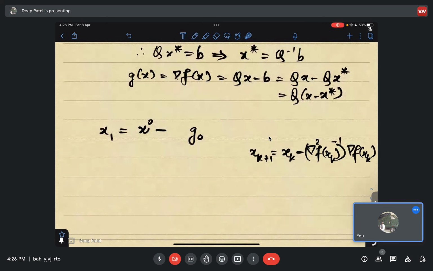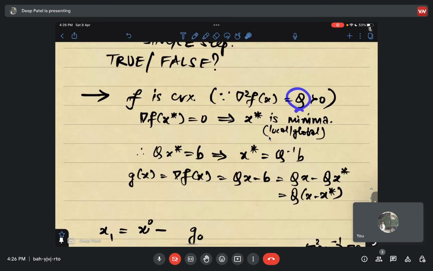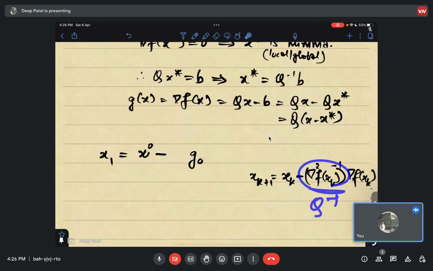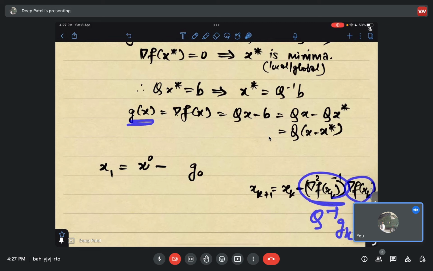So what is the Hessian for our case? The Hessian is Q, so here you put a Q inverse, and the gradient is simply gk, which is nothing but this.